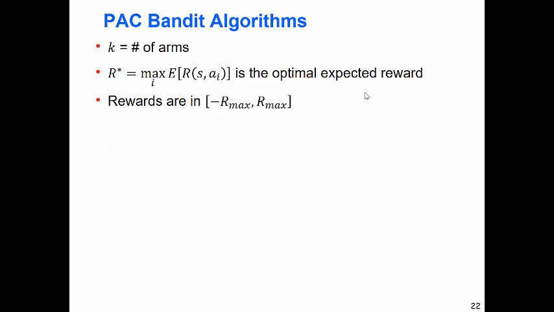So we've kind of done the informal definition of PAC, but now we actually need to do the formal definition, and it's kind of a pain to look at. But I don't know any other way to do it. So in this, we're going to say the number of arms is K, and the max reward is R star. Okay, so at the end of the day, our algorithm is supposed to return the index of the arm that achieves R star or something close to R star, right?